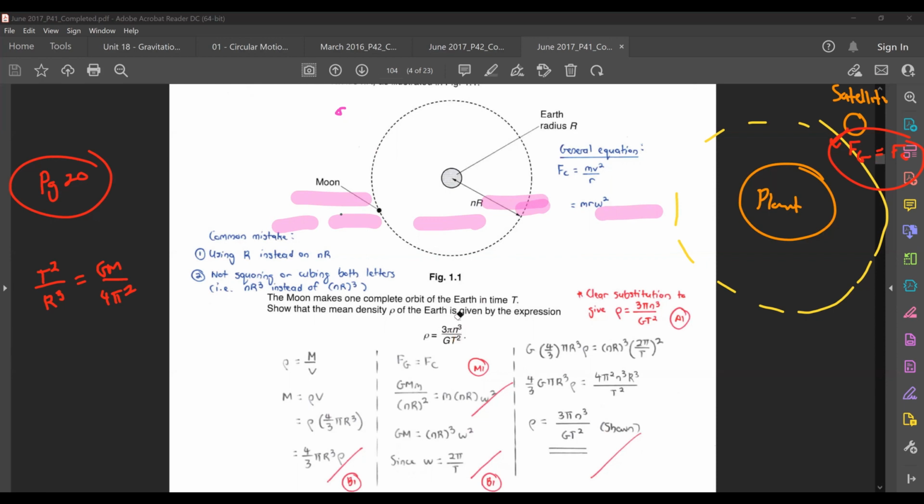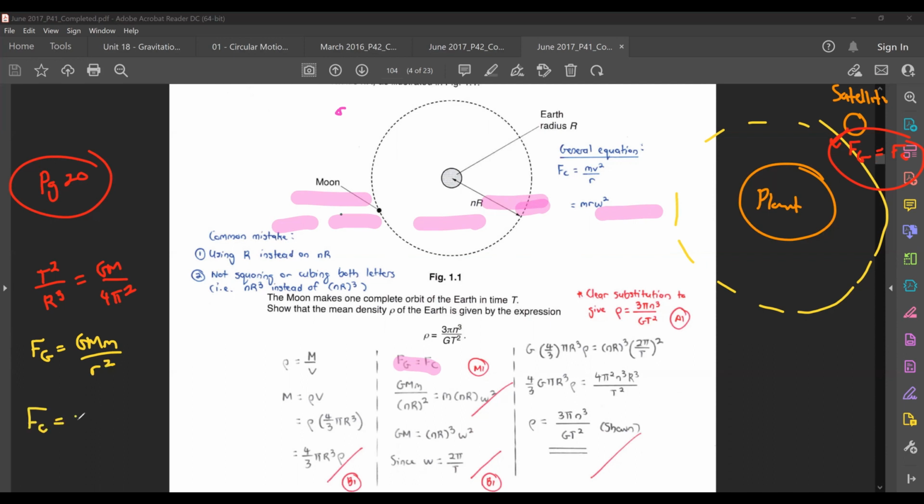Okay, so when you derive Kepler's third law, you always remember that gravitational force provides your centripetal force, and the other day you did your derivation, right? There's some stuff here that you need to be careful of when you try to do your derivation. Now, in the first place, Fg was GMm over r squared.